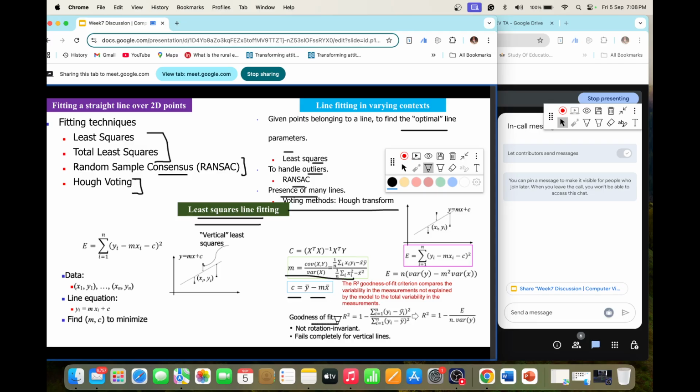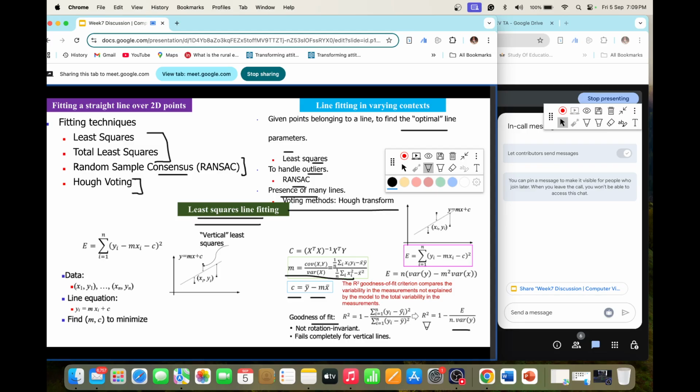Then we have a measure called goodness of fit, or R square, which is very popular. What is this R square? It compares the variability in measurement not explained by the model to the variability in measurement. Generally, R square gives the variability of y.